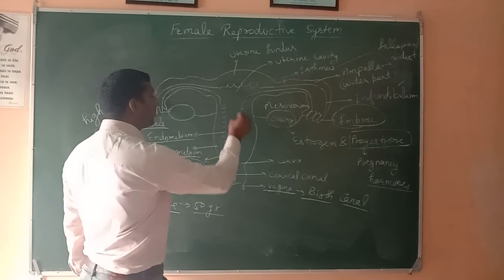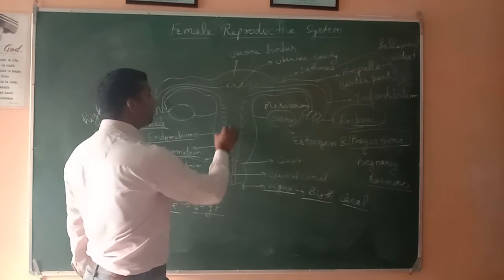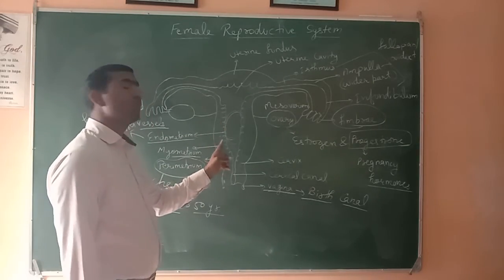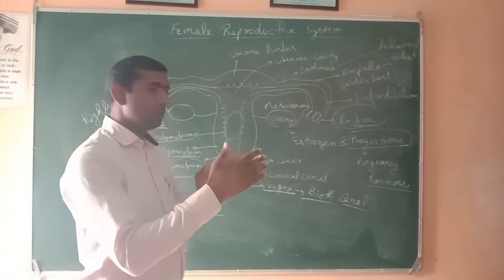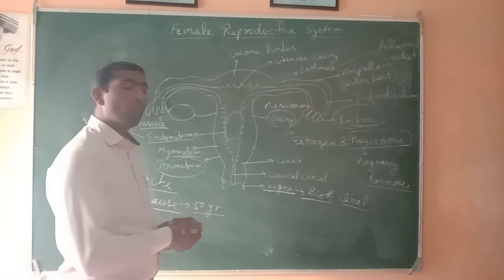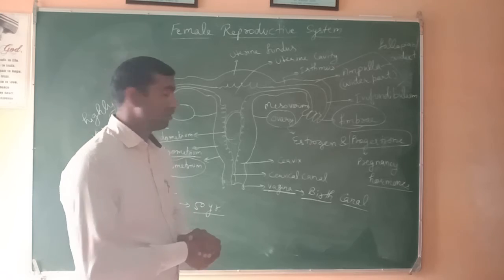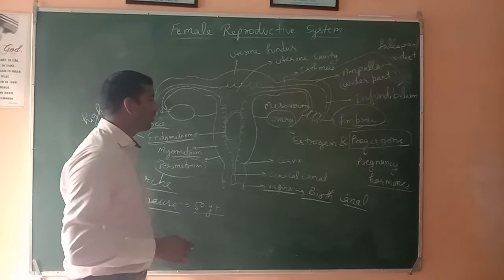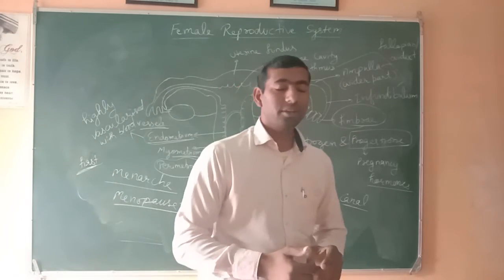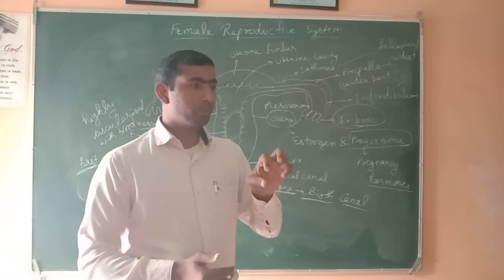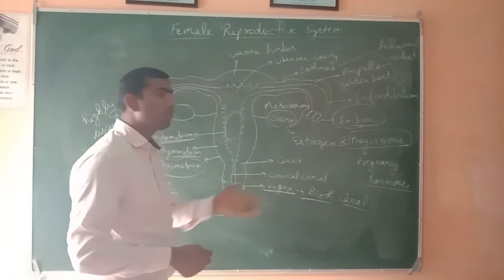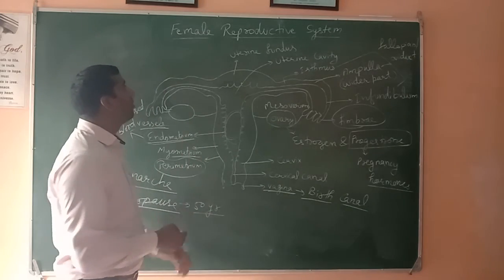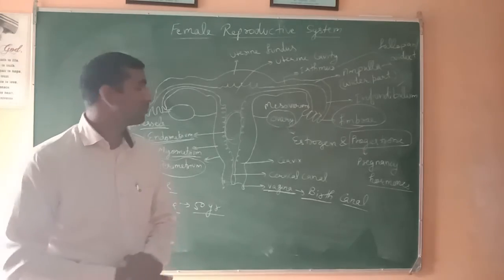The development of the fetus takes place in this uterus, and this endometrium helps in the formation of the placenta with the fetus, and the placenta provides nourishment to the fetus, and this endometrium also helps in the release of the waste material produced in the fetus, removed from the body of the fetus. So this is the structure of the female reproductive system.